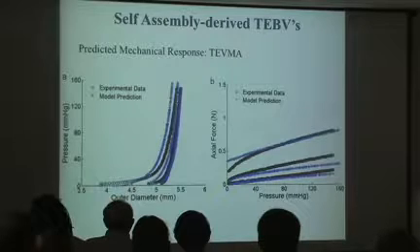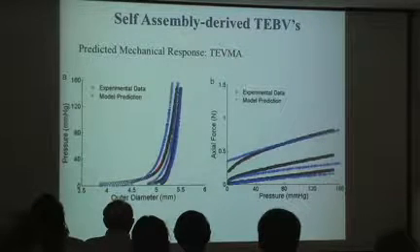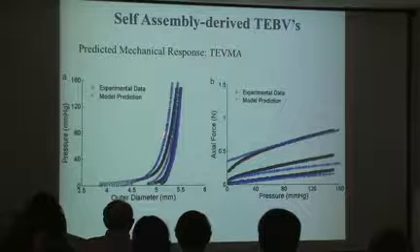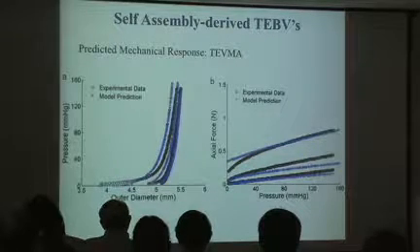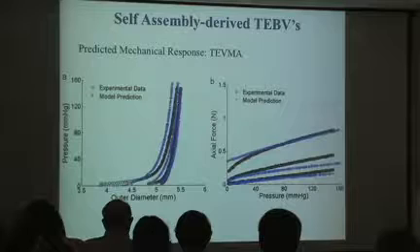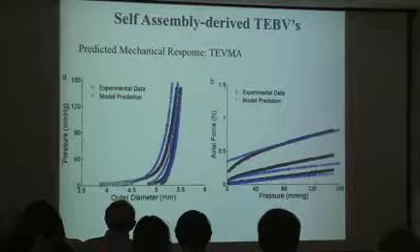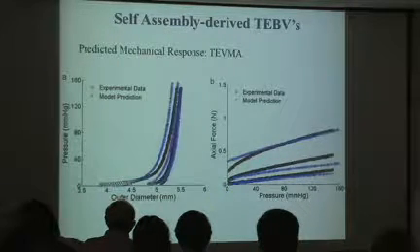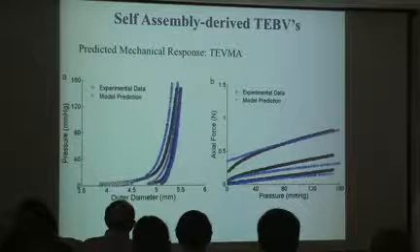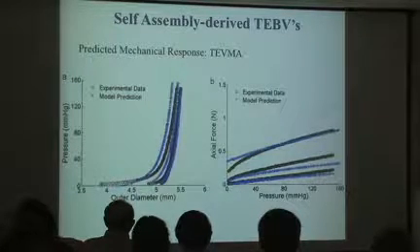When we combine those models and predict what the two-layer vessel would look like, the blue pluses are the model predictions. The black open circles, again, are the experimental data. So we have in hand now a predictive constitutive model for these individual layers, these two different materials that we can use.